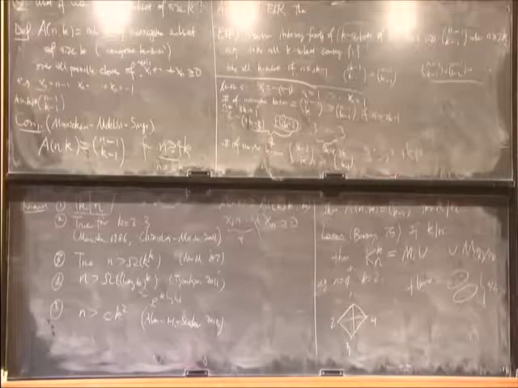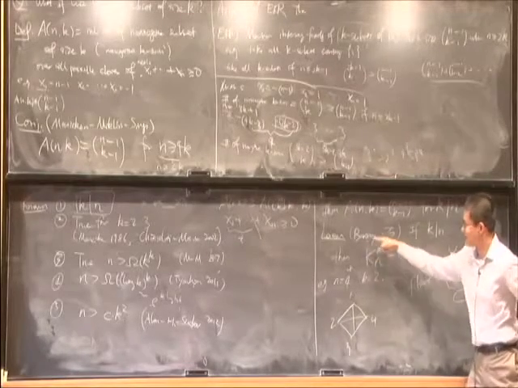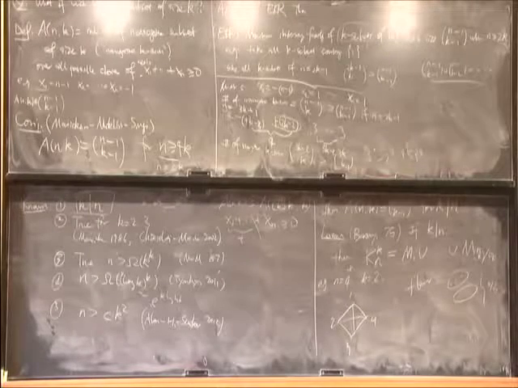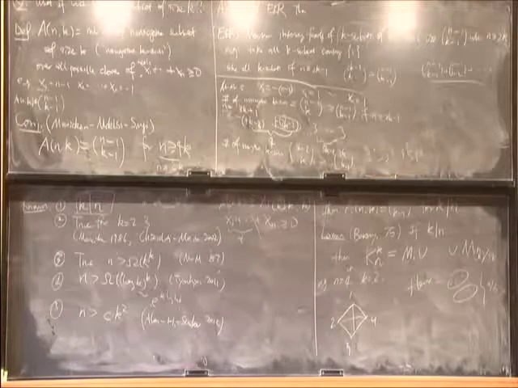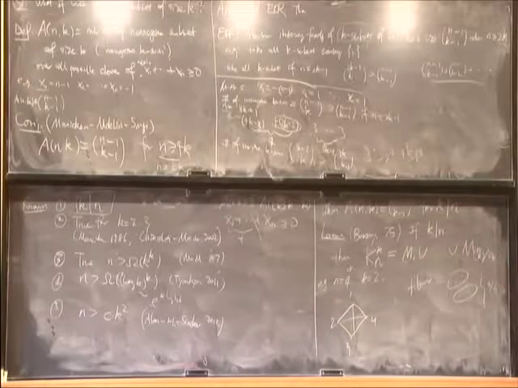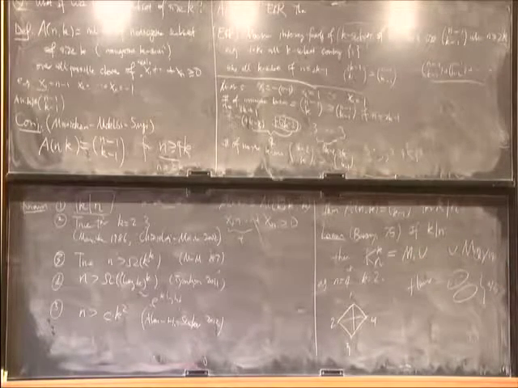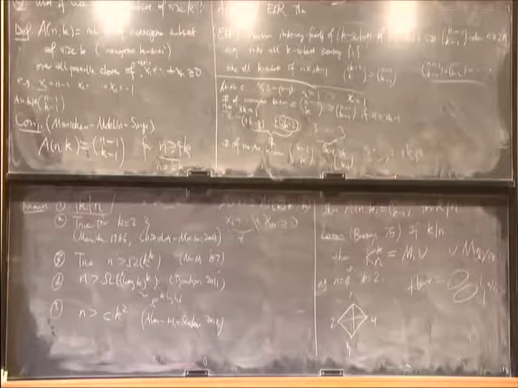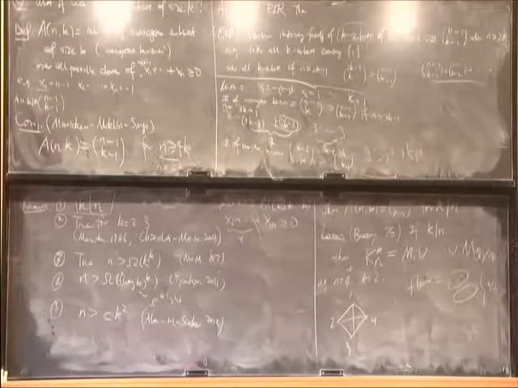Now, if we apply Baranyai's theorem for our application, then we immediately prove this is n minus 1 choose k minus 1. Why? We just take this decomposition. For every matching, the sum is non-negative, right?